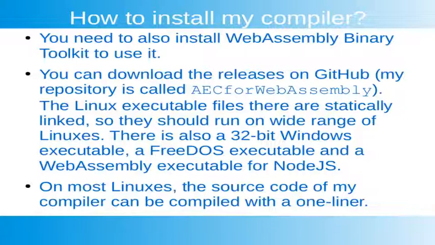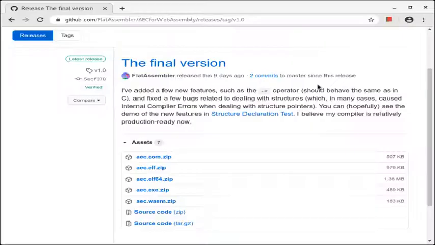I suppose you might want to install my compiler to understand my work better. So how to install my compiler? Well, you need to install the WebAssembly Binary Toolkit in order to use it. You can download the releases on GitHub.